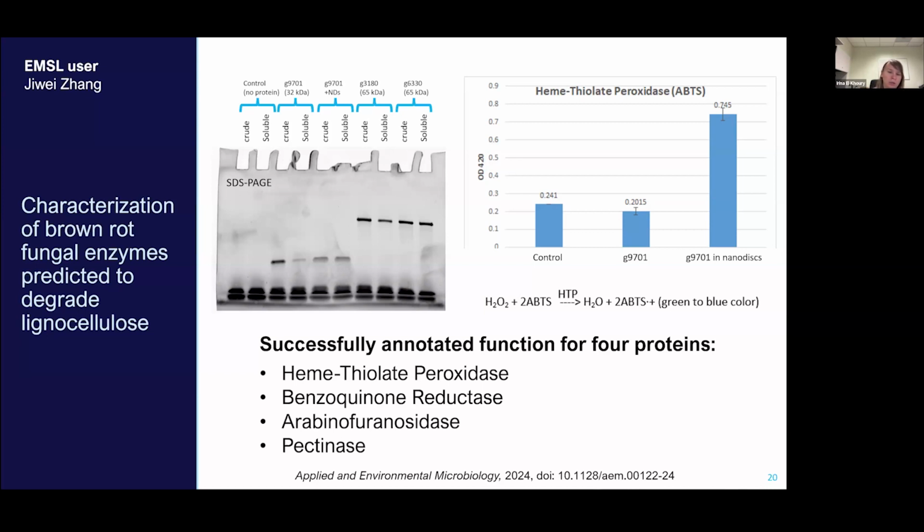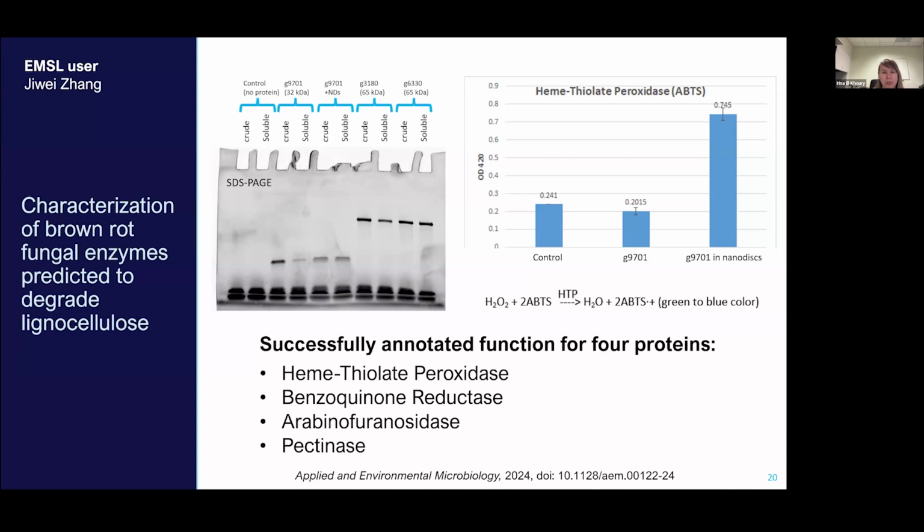So he curated a list of genes and enzymes which he found relevant to this process, but he had no means of validating or characterizing their functions. He had some predictions, but he didn't have any access to the fungal proteins. And that's where we came in.